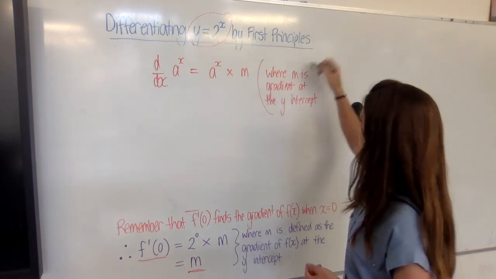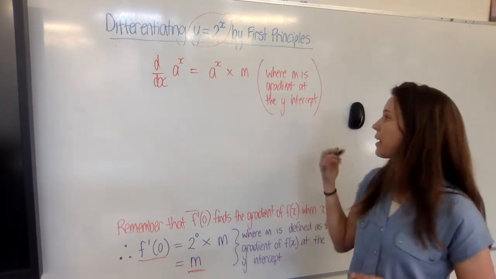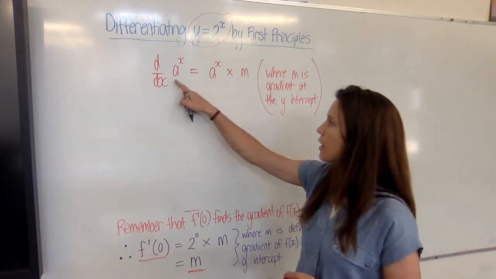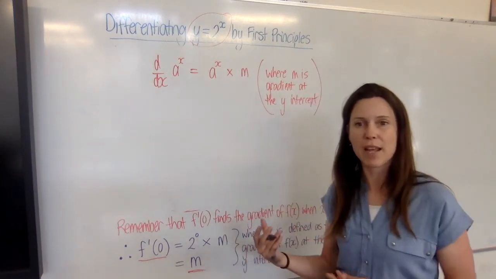Now, we'll come back later in the course to find out exactly how to find this m, because there's some tricks to it, and every single value of a, each curve will have its own m.